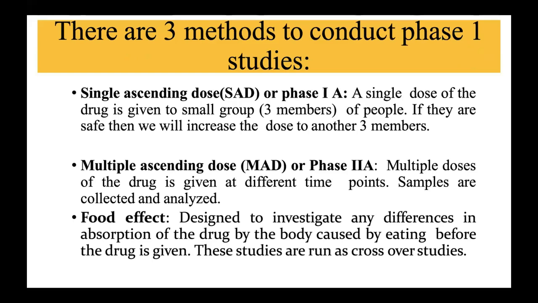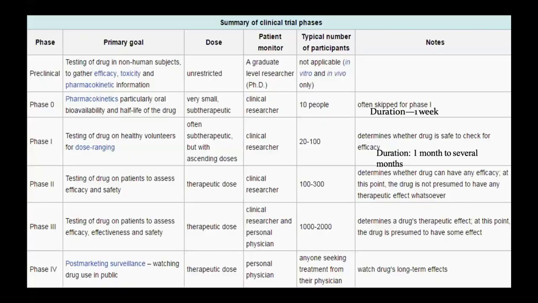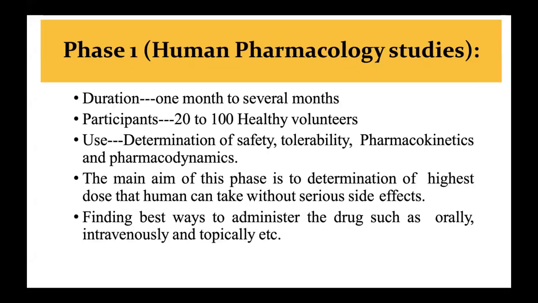And phase 3 is once again divided into phase 3A and phase 3B. These are the 2 studies. In phase 3, the number of patients is about 1,000 to 2,000. So the number of patients and even the dose, we are going to change.